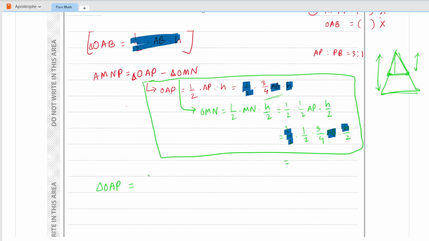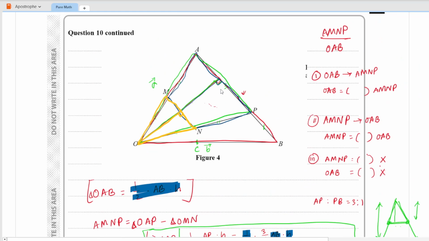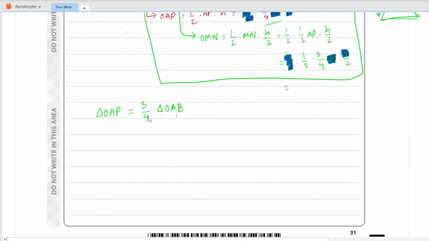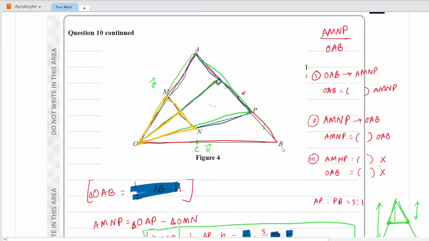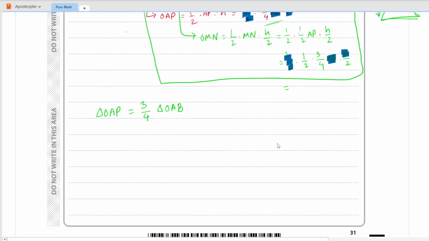OAP is equals to 3/4 triangle OAB. How 3/4? Because they have the same height, so the only difference is in the base. That's how we are getting the 3/4. Base is 3/4 of the base of triangle OAB. Maybe if you want, you can write it here. AP is to PB is equals to 3:1.